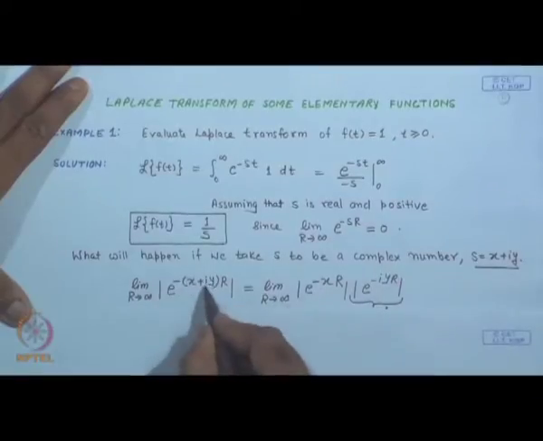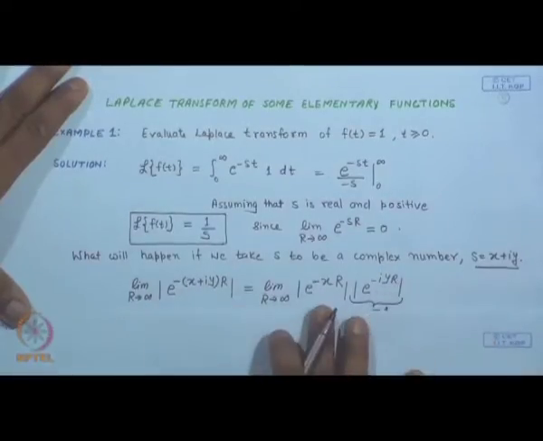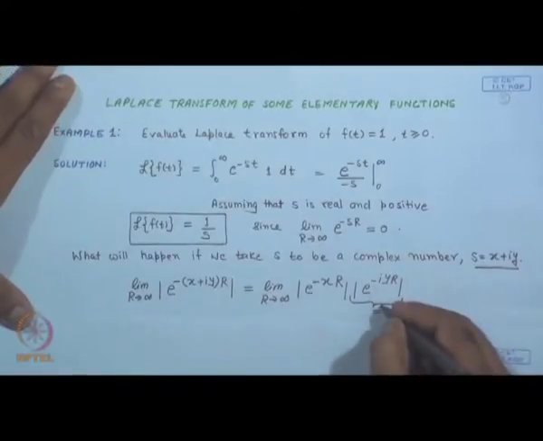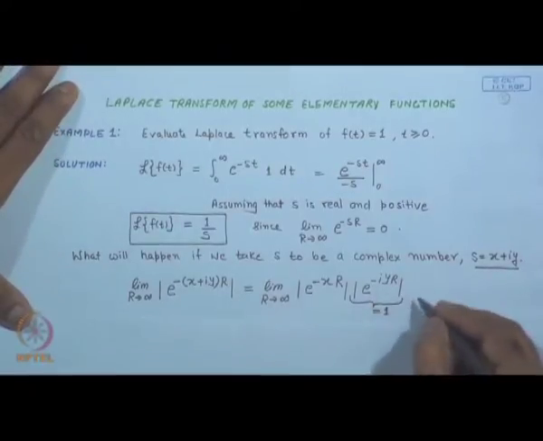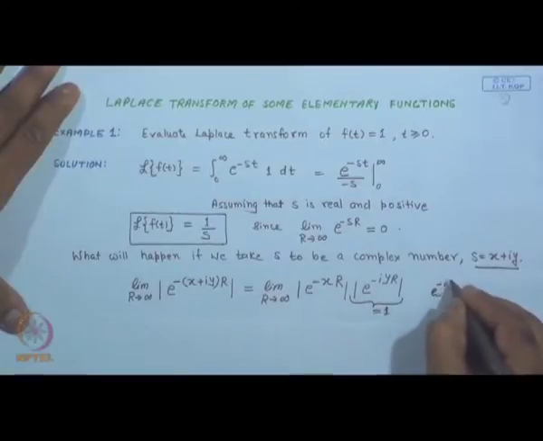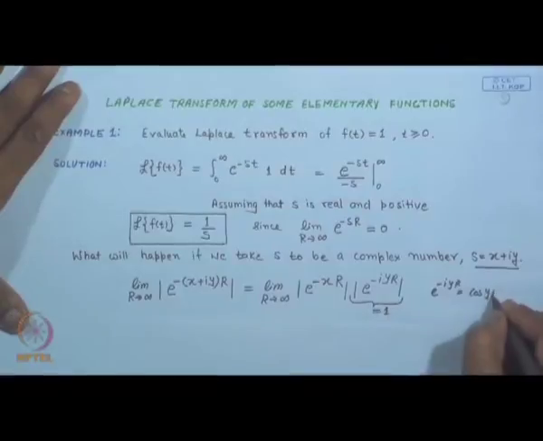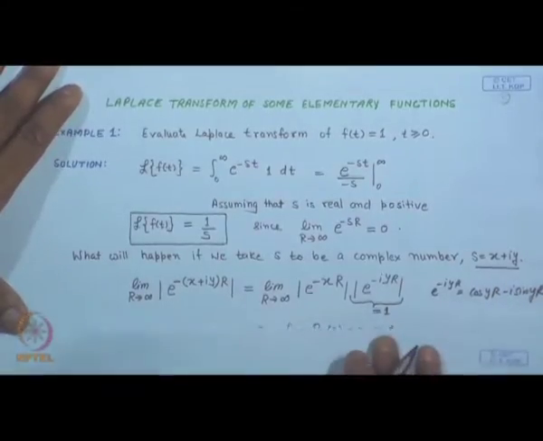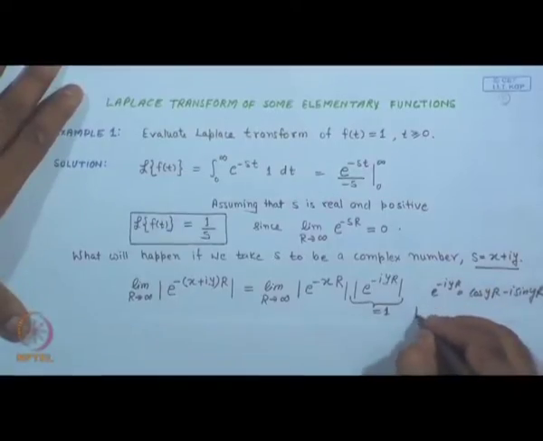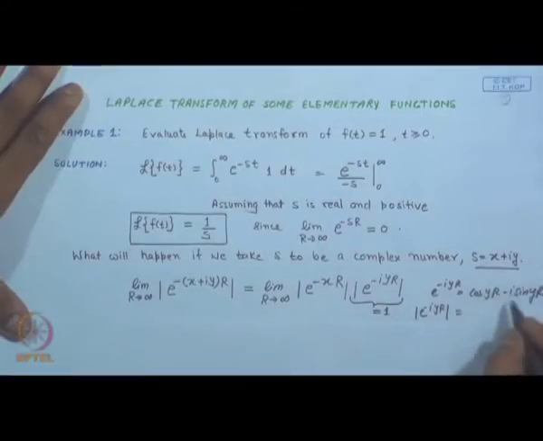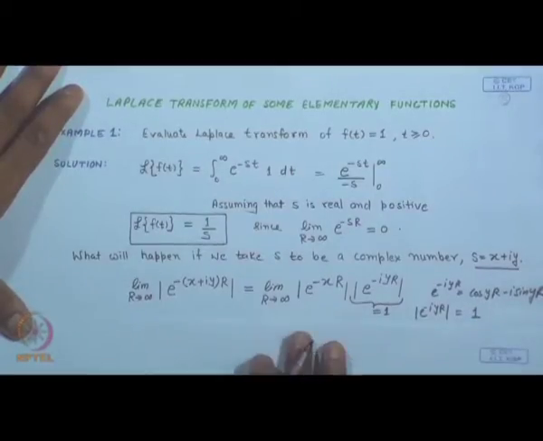And this is 1, simply because e^(-iyr) is nothing else than cos(yr) minus i sin(yr), and if you take the modulus here, it will be the square root of cos squared(yr) plus sin squared(yr), and that will give us 1.